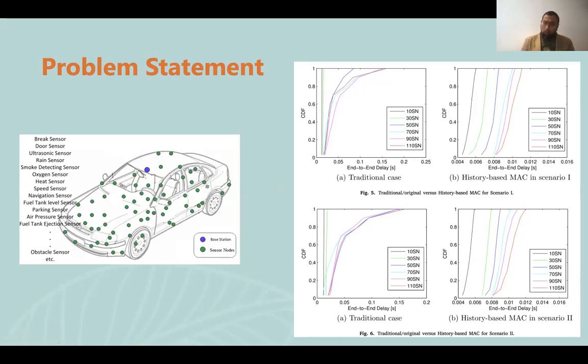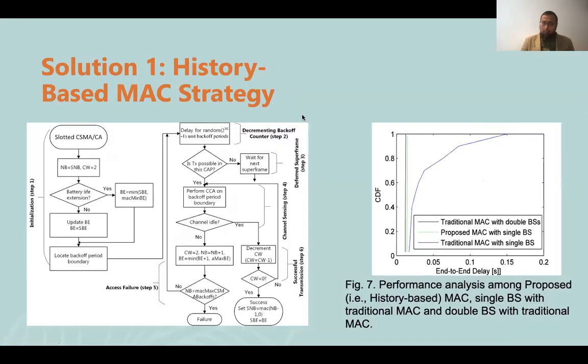Okay, so in order to solve these things, we propose a very simple solution called history-based MAC strategy. How it works: CSMA initially sets its communication parameters, and then depending on the scenario of the network, the parameters will be changed.